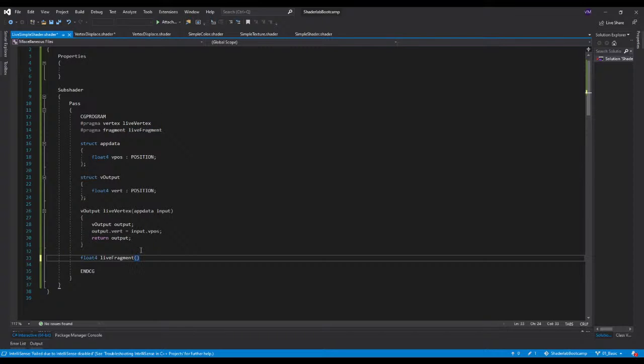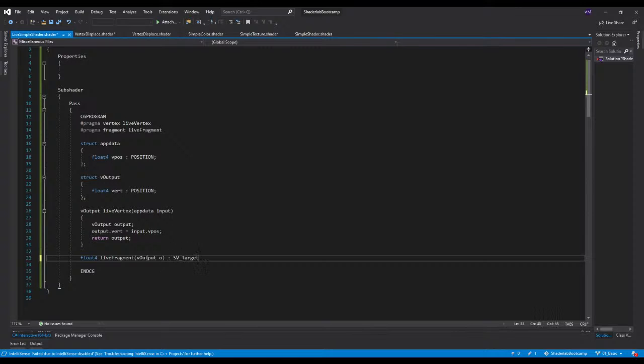Here there are two things which are important. We have to take the data that has been passed or modified, which means our output structure. This will be the input for this. Now this is very important.